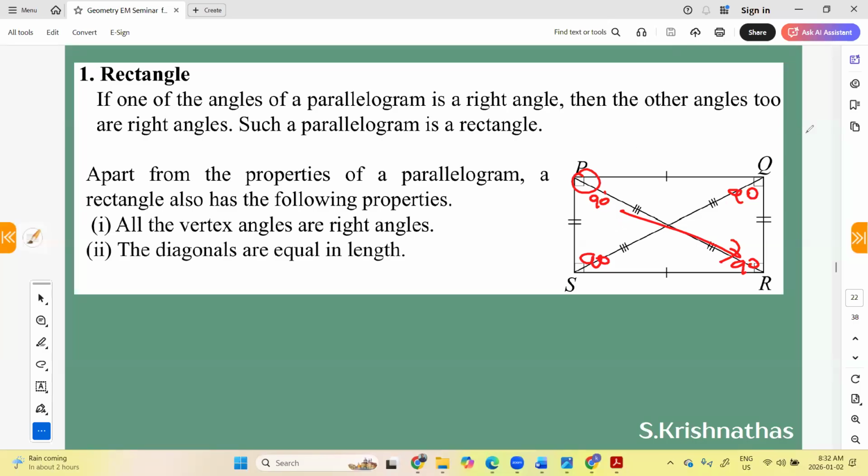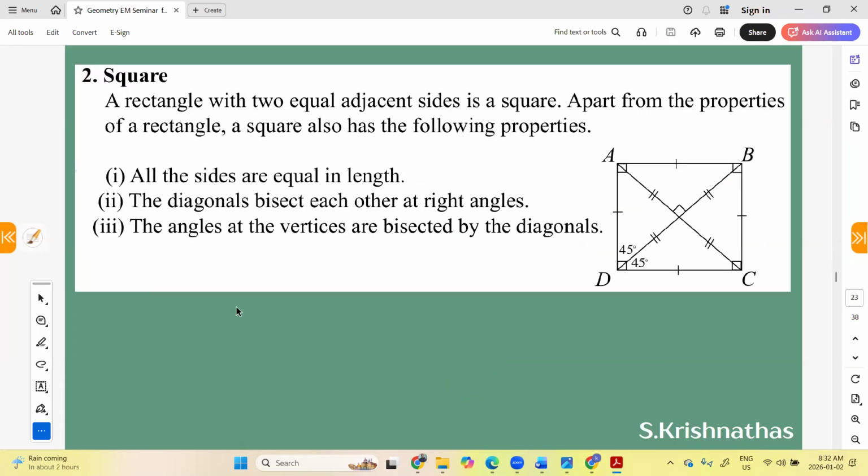What are the special features of a rectangle? All the vertex angles are right angles, 90, 90, 90. All the diagonal lengths are equal, SQ equal to PR. Very important thing. You can apply it in theorems. Next, square. In which condition is a parallelogram a square?